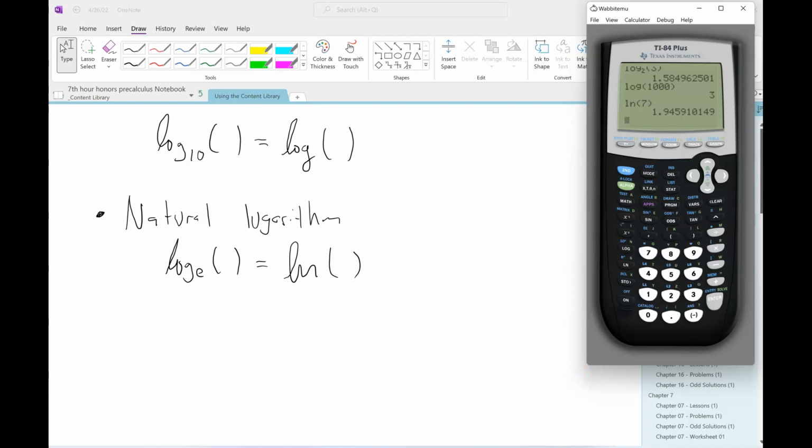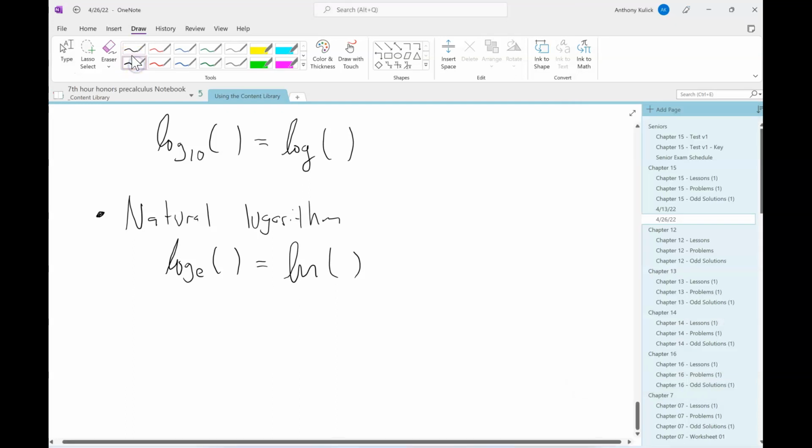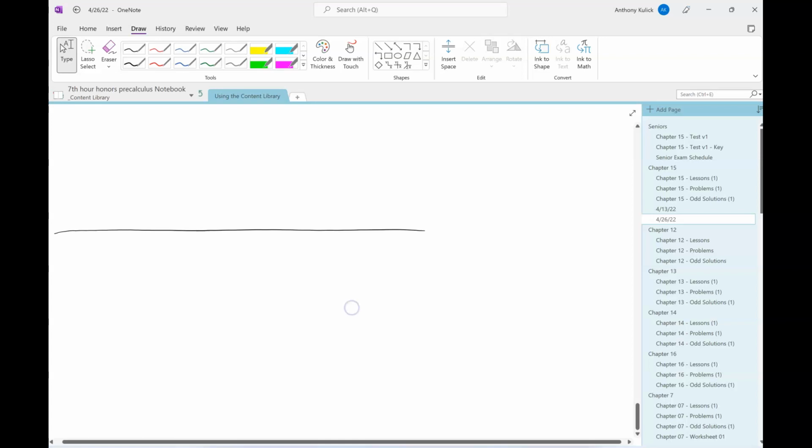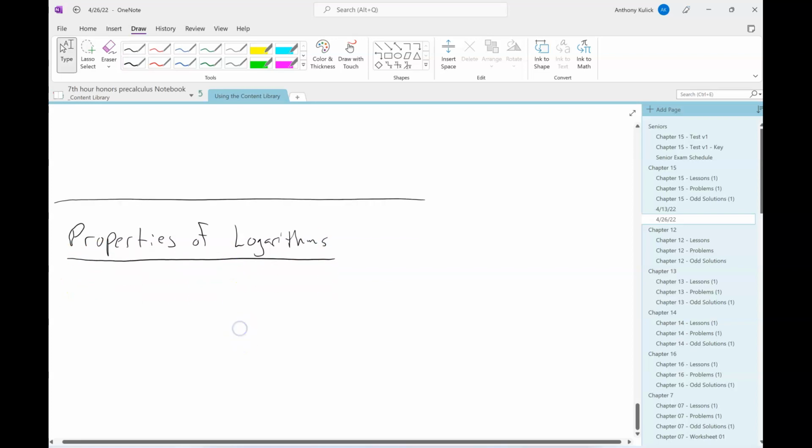All right. Next up. So we have four properties of logarithms that we need to talk about. So the first one is called the product property.